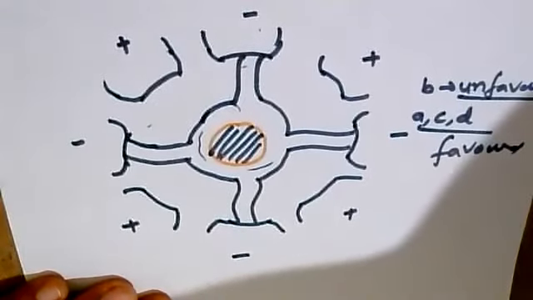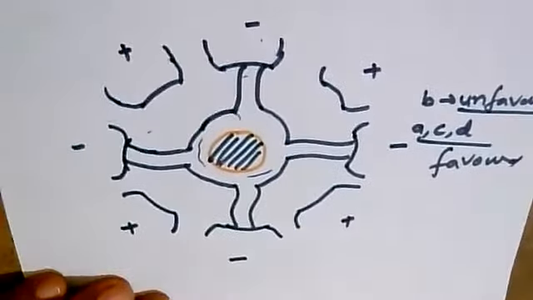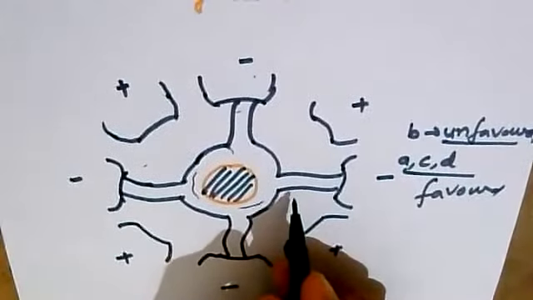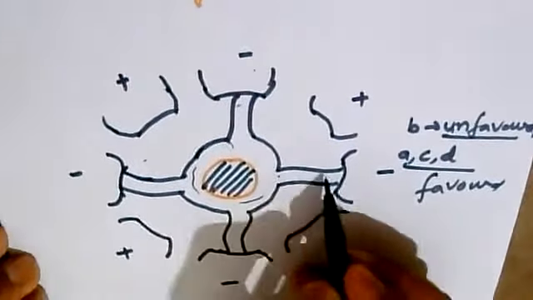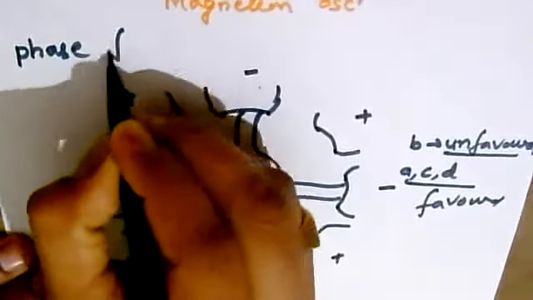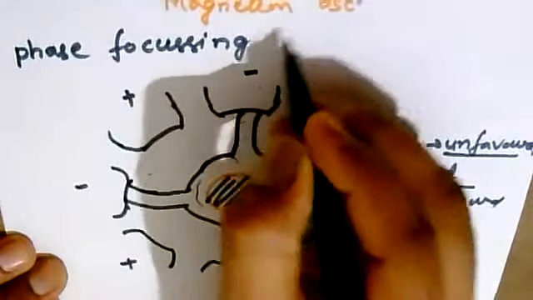This is the reason for the formation of the cloud-like structure in the magnetron. Such a formation of cloud representation is called the phase focusing effect. Phase focusing effect.